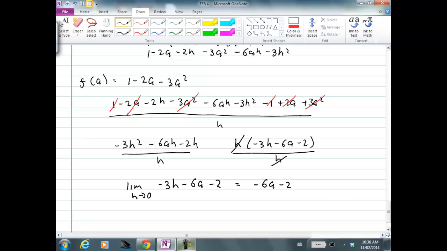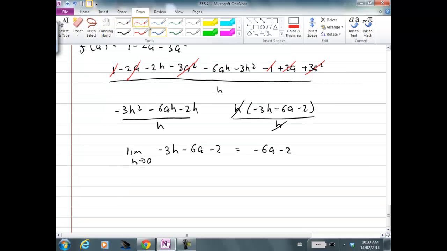I'm going to pause it, let you catch up and breathe, and write a few things down. Bubble this for me, please. What this method does is it gives you the equation for the slope of the tangent line.